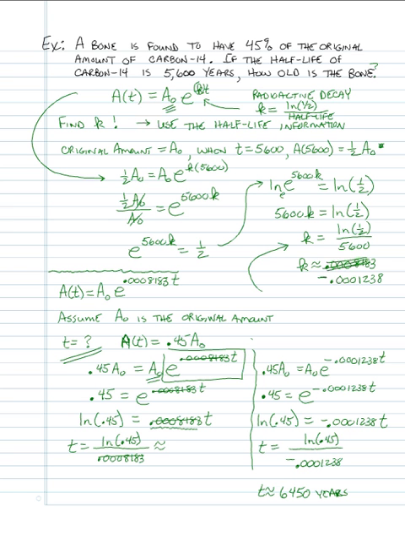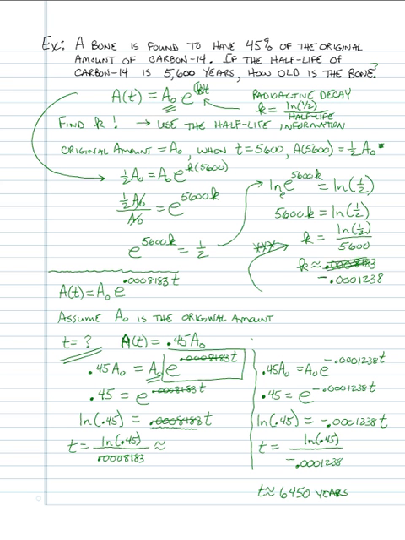Remember me saying that at the very beginning? And look down here. The K value we calculated is the natural log of 1/2 divided by 5,600, where 5,600 is the half-life years, or the half-life time. It's not always counted in years, but here it was.